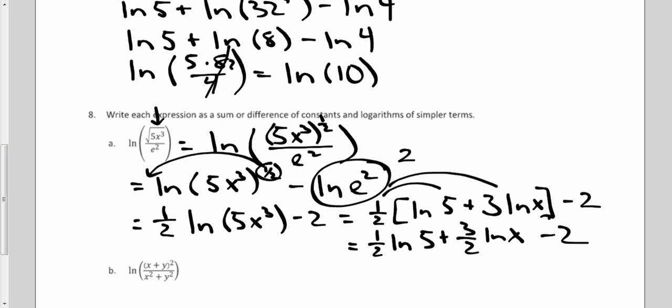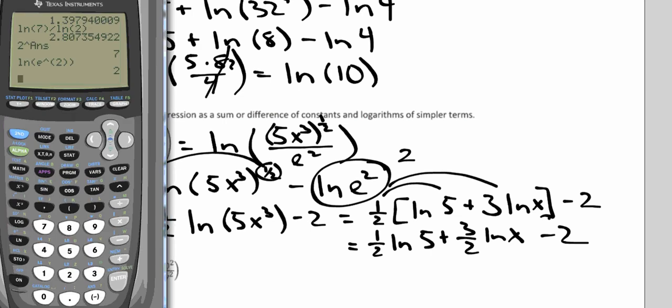Okay? So I can do that just the same as I could with numbers, except I'm using x's. Now, I can evaluate the natural log of 5, and I can times that by 1/2. So 0.5, same thing as 1/2, times natural log of 5.